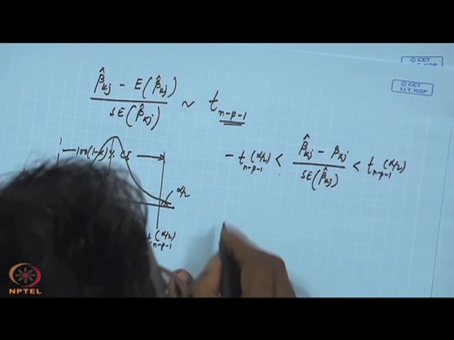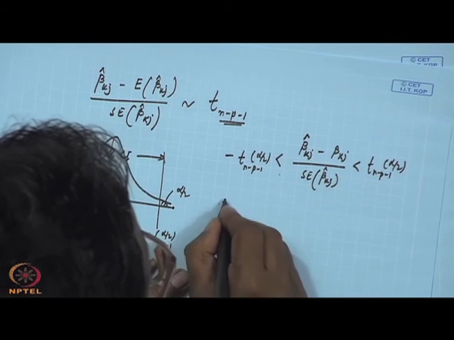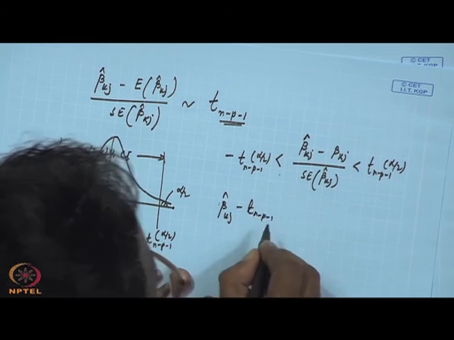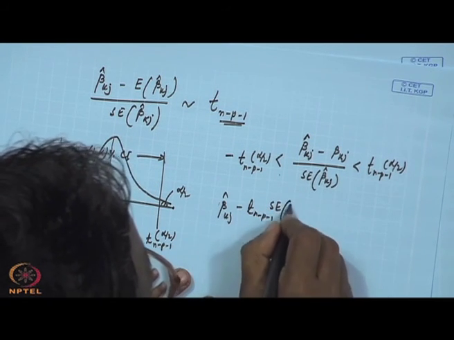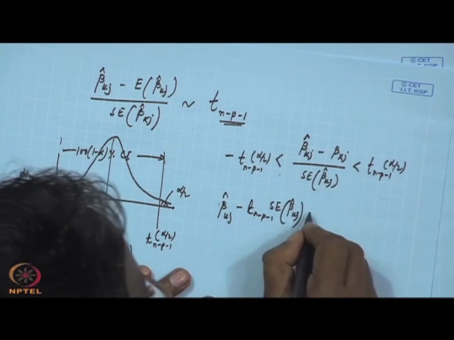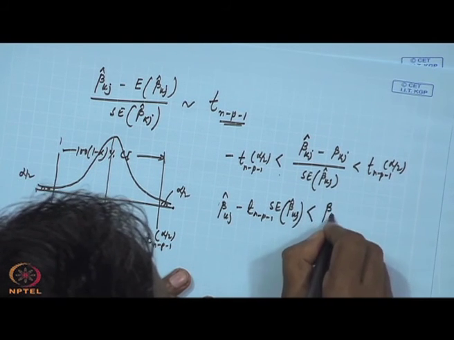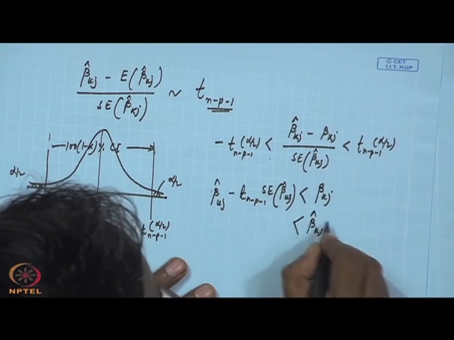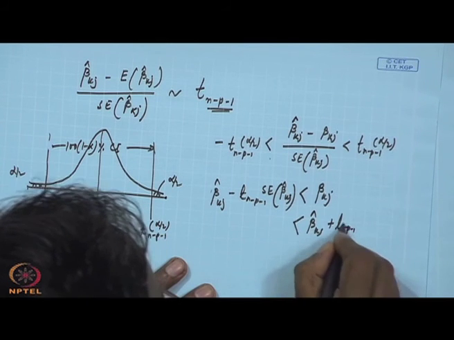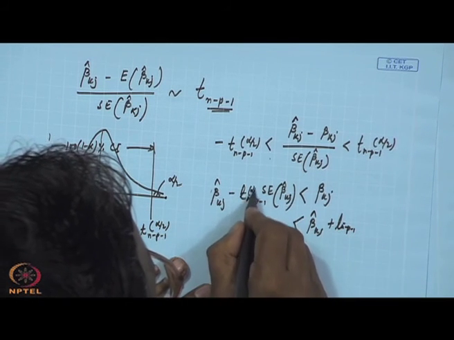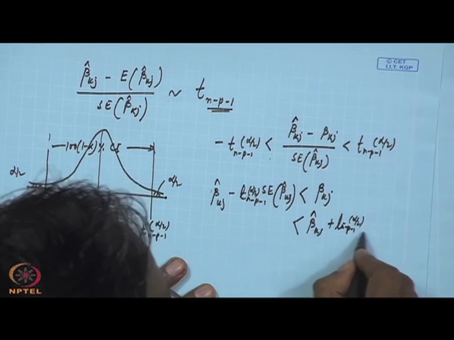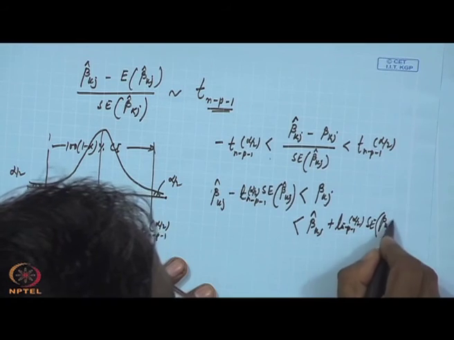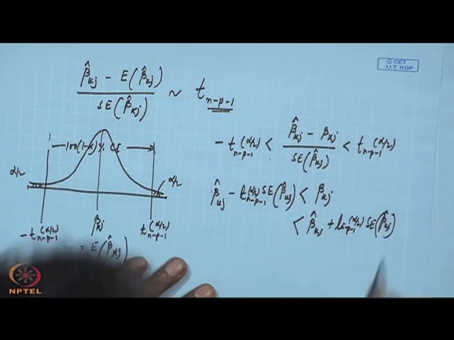So, ultimately what will happen, your confidence interval will become beta_kj cap minus t_{n-p-1, alpha/2} times SE of beta_kj cap, less than beta_kj, less than beta_kj cap plus t_{n-p-1, alpha/2} times the standard error of beta_kj cap.